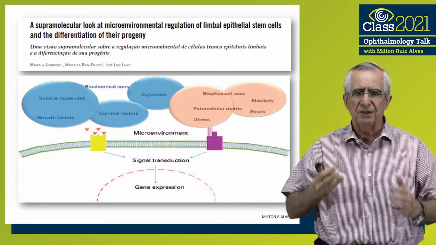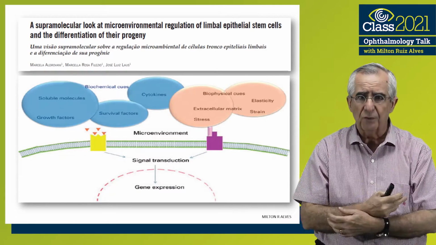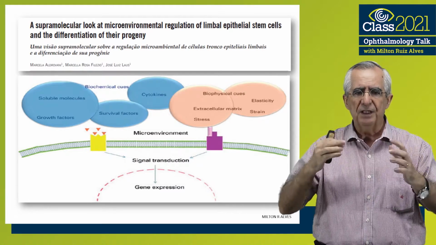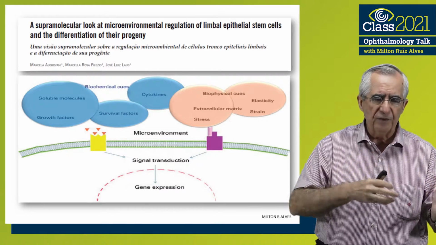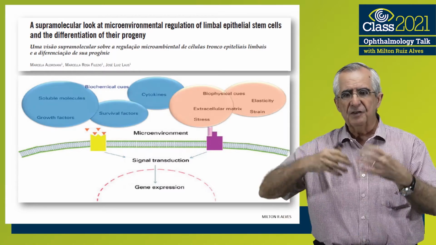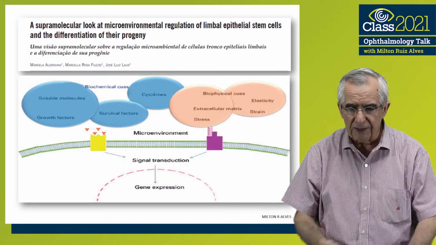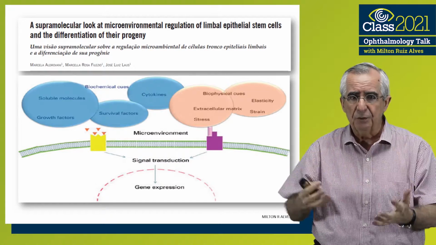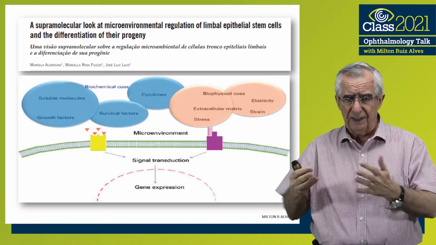But the purpose is to draw attention to the territory where the stem cells are located. This forms a territory and a microenvironment that is influenced by soluble molecules, growth factors, stress, toxicities, and inflammatory cytokines, and it is necessary that this microenvironment is healthy so that there is adequate regulation of stem cells so that the ocular surface remains stable.